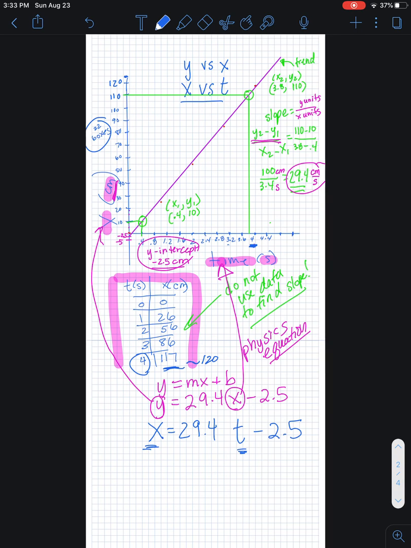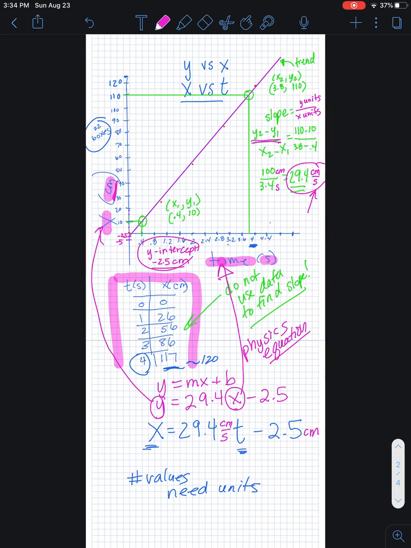It's still just missing one thing, and that's this idea that, again, all number values need units. And so the units that we're going to use are going to be the units we talked about earlier, that our slope had units of centimeters per second. So we're going to put centimeters per second here. And our y-intercept had units of centimeters.